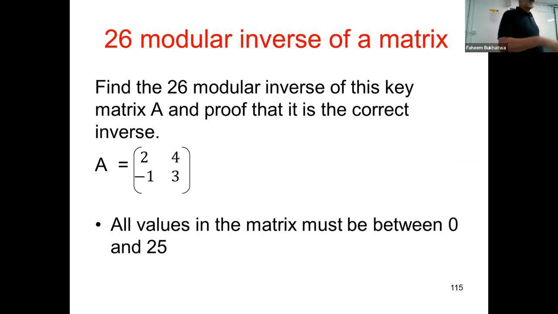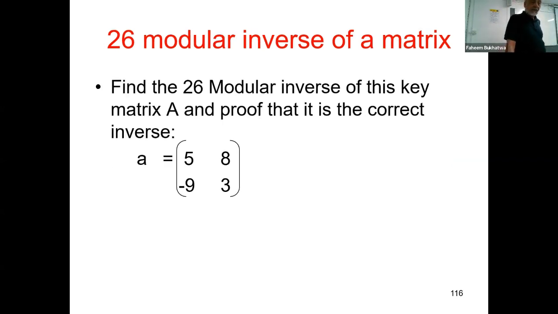So any number that's above 25 or below 0 is to be reduced modulo 26, and the operation goes from there. So here's an example of the matrix to be used. If you want to use this matrix for encryption, then you need to convert it into a modulo 26 matrix. And to use it for decryption, we need to generate the inverse of that matrix.